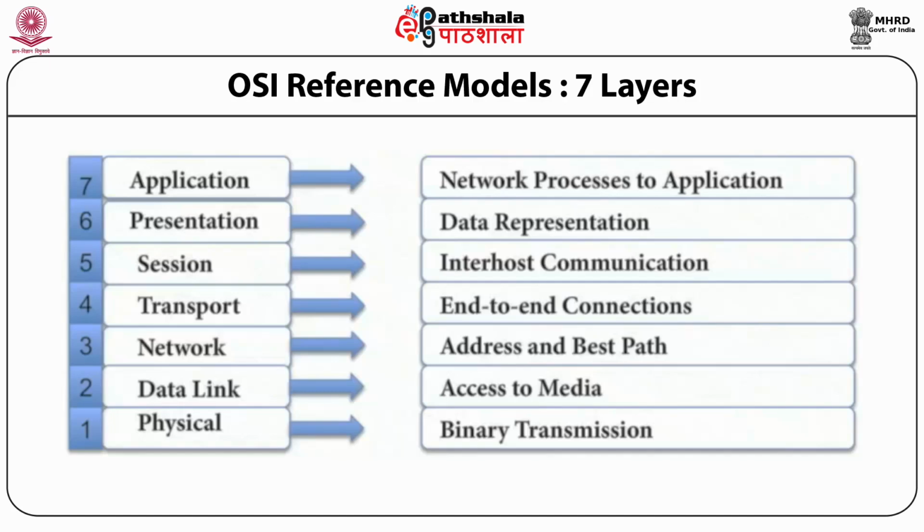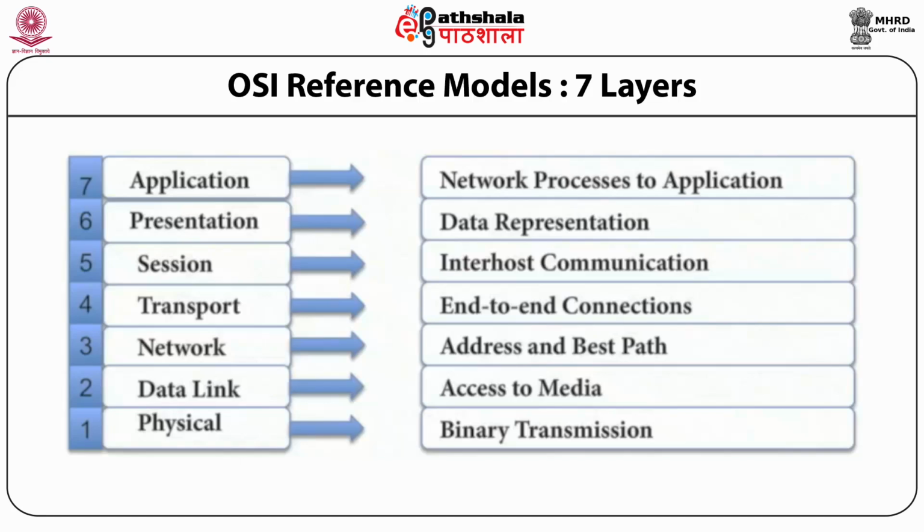A layer has the distinguished feature of executing its task independently and passing it on to the higher layers. I will now spell out all the layers, but it is not easy for novice and new students to recall all the names, so I will introduce a technique. Physical layer is the first layer, application is the last. Over the physical layer, it is data link layer, then network layer, then transport layer, then session layer.